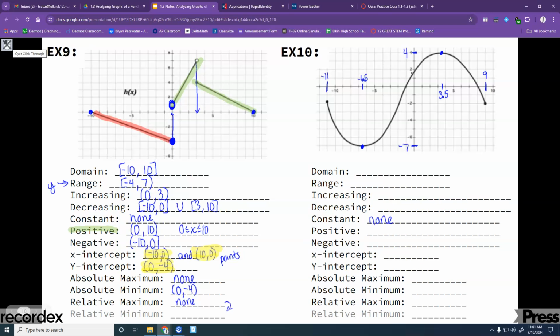All right, so for your domain, you should have negative 11 up to positive 9, and you should use brackets with both of those. For your range, you should have negative 7 up to positive 4 and brackets with both of those.